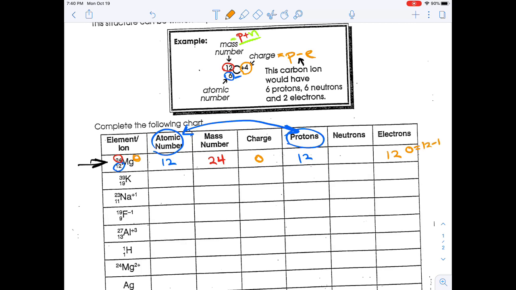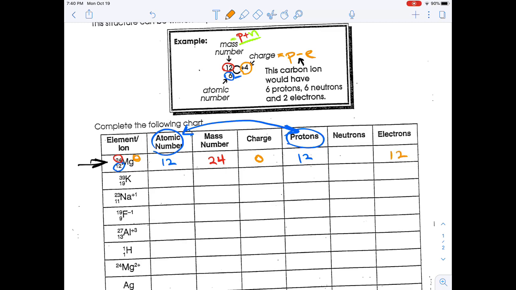Well, 12 minus 12 is going to give me that 0. So 12 electrons. Some students now, for whatever reason, start to get confused. And some students think that, once it's no charge here, you're going to have 0 electrons. That would not be true. No. That would definitely not be true. So we definitely have 12 electrons.